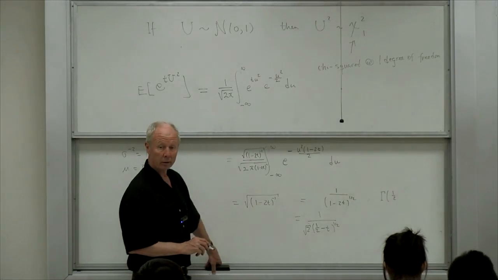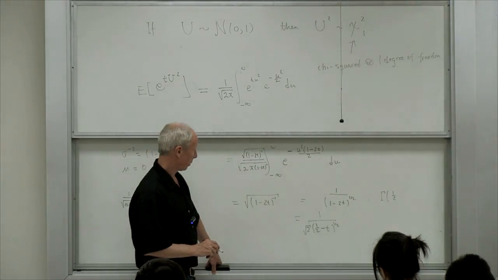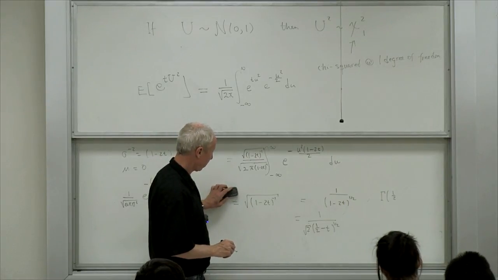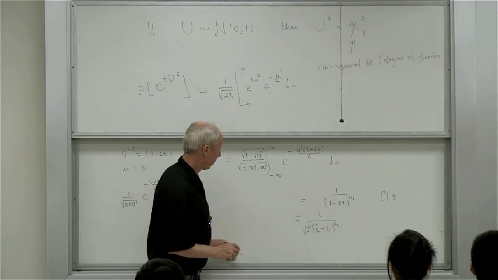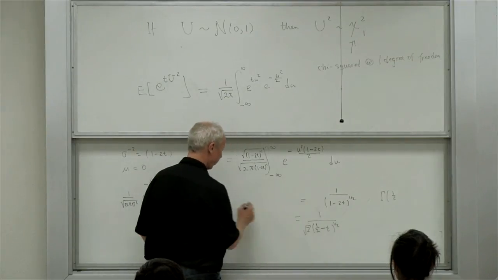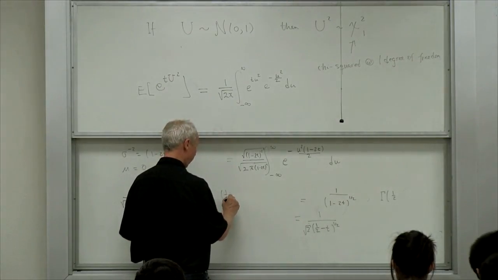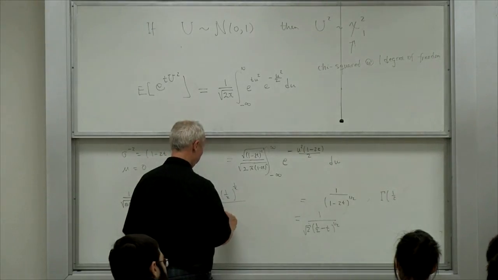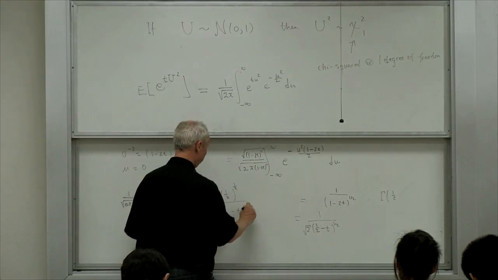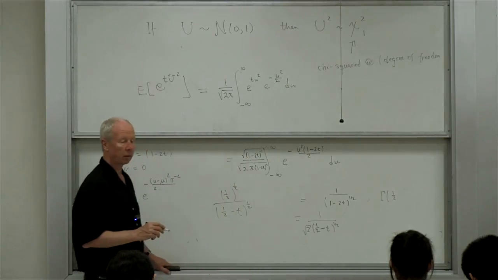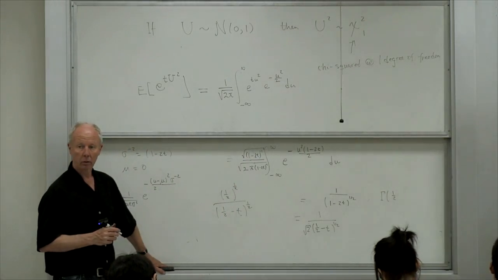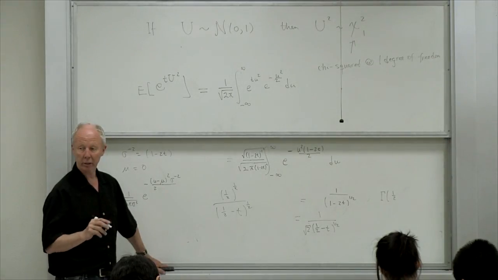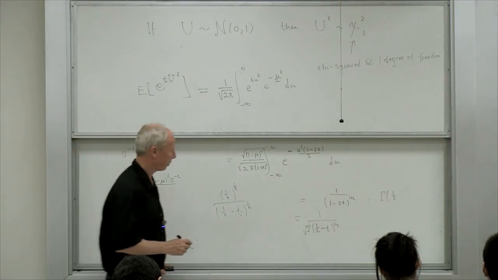Is that correct? And if I put this up in the numerator, it becomes 1/2 to the 1/2 over 1/2 minus t to the 1/2. Okay, now lambda is 1/2 and alpha is also 1/2.